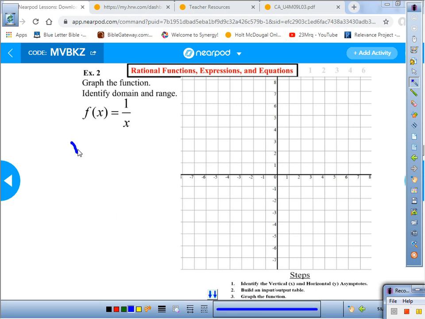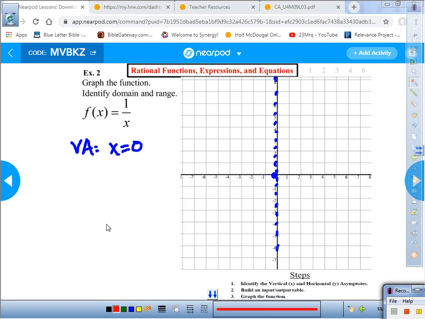Okay, so let's do vertical asymptote. X equals. So by looking at it, is there anything next to the x? No, so my asymptote is 0. So let's do that. X is here. So there's a straight line going through 0, like so.